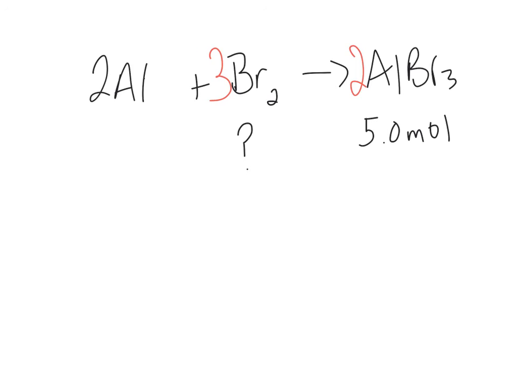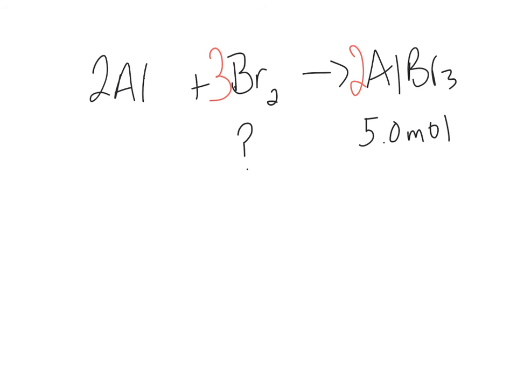So now what do we do? Where do you want to start? Start with what you know. Ankit? I felt like the ratio between how many Al per Br2. Okay. 1 to 3. 1 Al for every 3. I don't see any 1 up there.